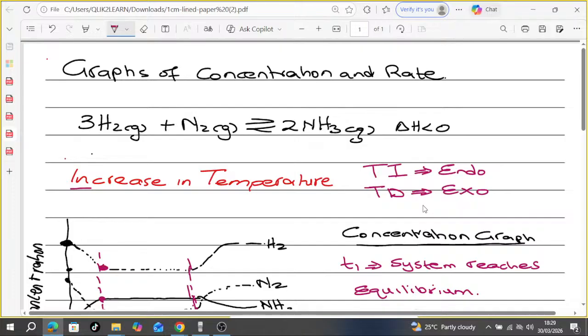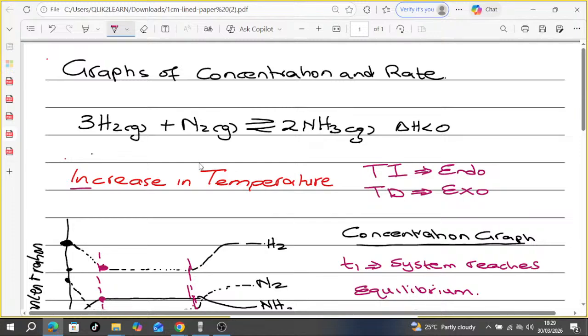Okay, I think you know. We said if the temperature is increased, the endothermic reaction is favored. Why is the endothermic reaction favored? Because we need to cool the system down. And if the temperature is decreased, the exothermic reaction is favored. Why? Because we need to heat the system up. Yes.